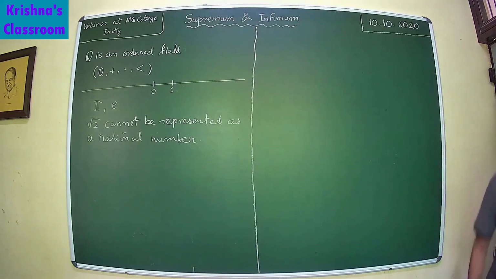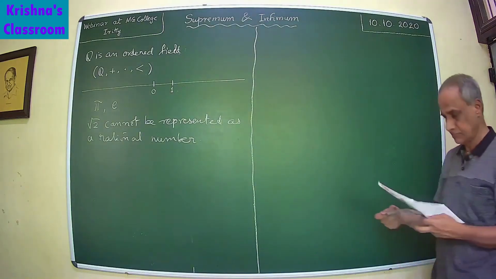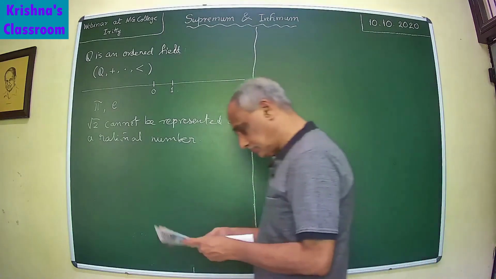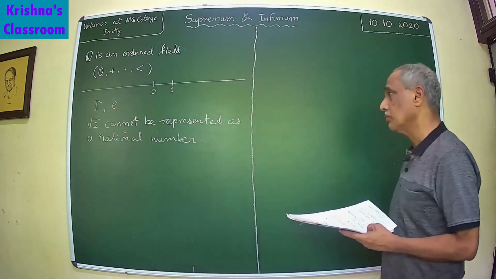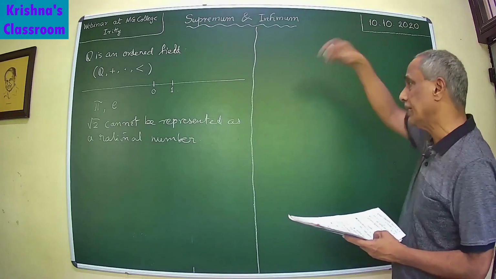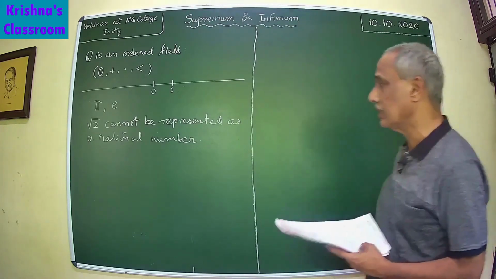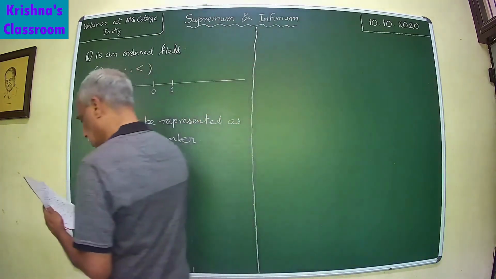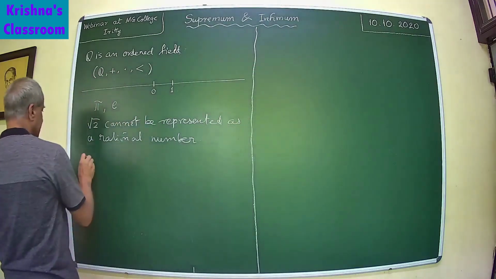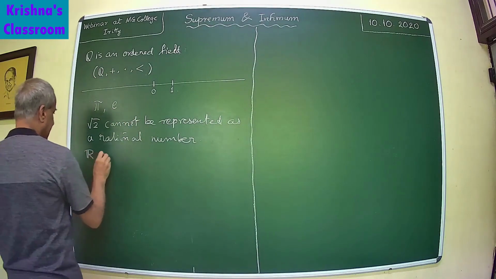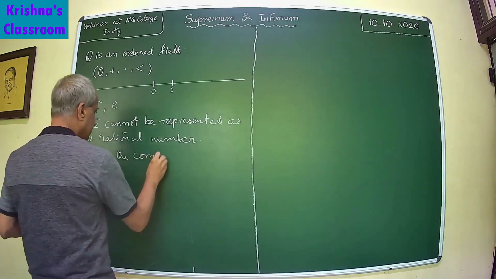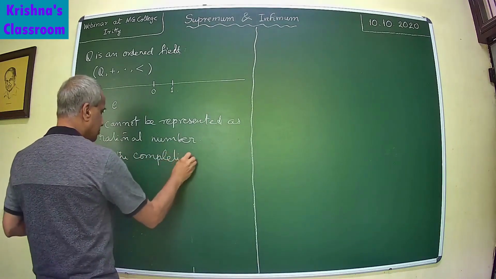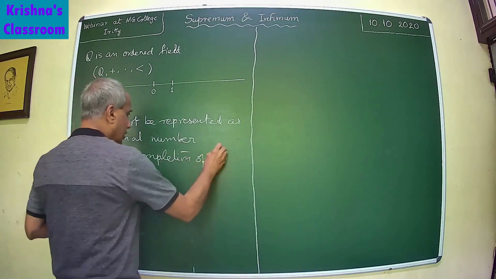Now what we are going to do is put in all those elements which are missing. How do we do that? We take R as the completion of Q. What do you mean by that?